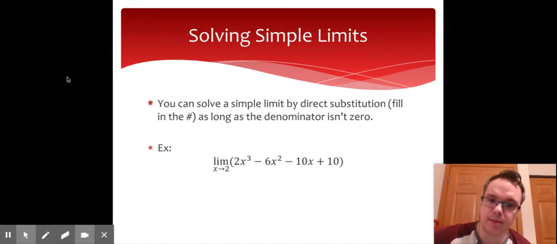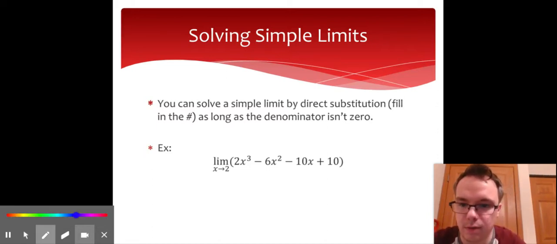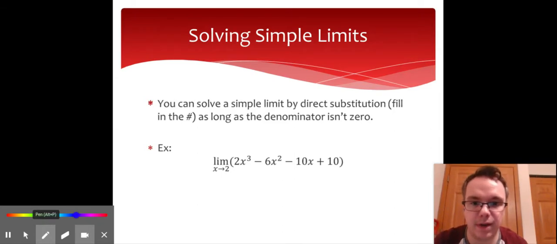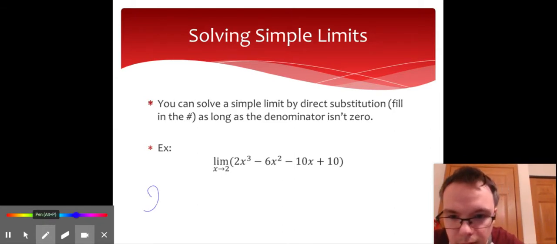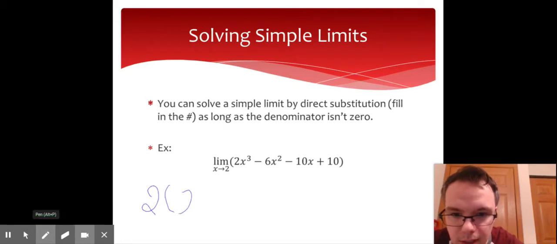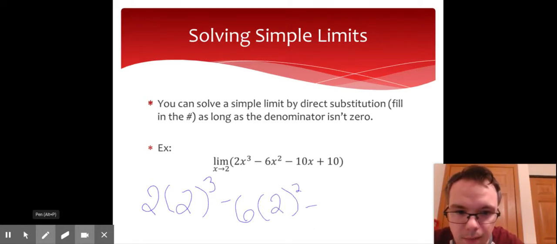So if we're going to find the limit as x approaches 2 of 2x cubed minus 6x squared minus 10x plus 10, all we have to do is plug in the value we are going towards. So we're going towards 2. So we're going to take 2 times 2 cubed minus 6 times 2 squared minus 10 times 2 plus 10.